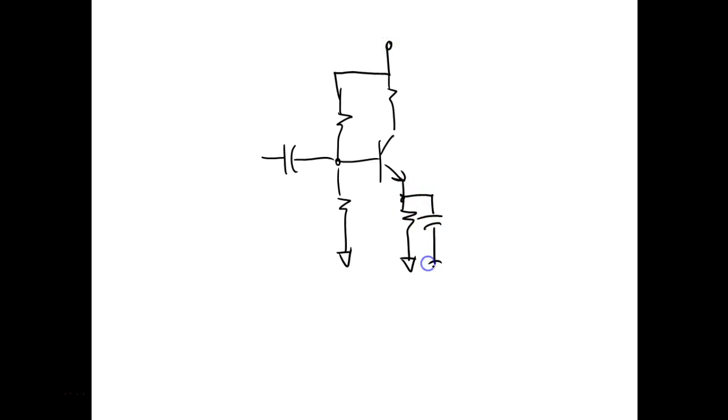So what's the name of these capacitors? We call these two right here what? What do we call these capacitors right here? If I call this C1 and C2, what are C1 and C2? What do we call those capacitors? They have a name.